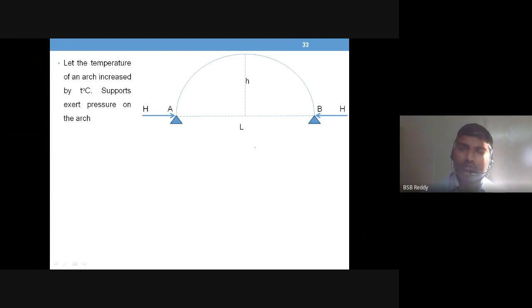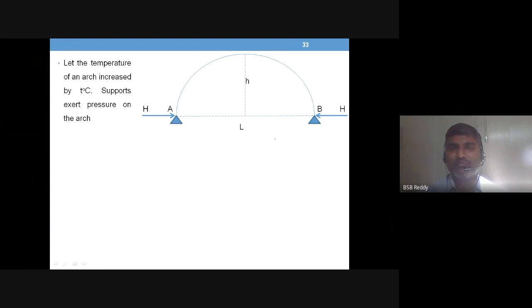Okay, so one thing that has to come to your mind is that temperature stresses develop only when you arrest the change in dimension of a particular member when the temperature changes.